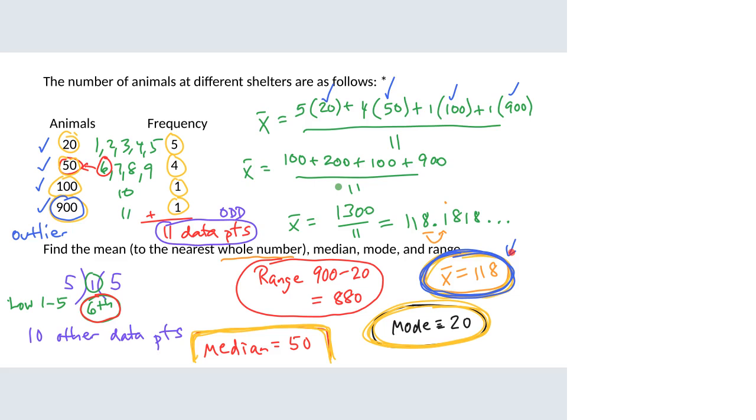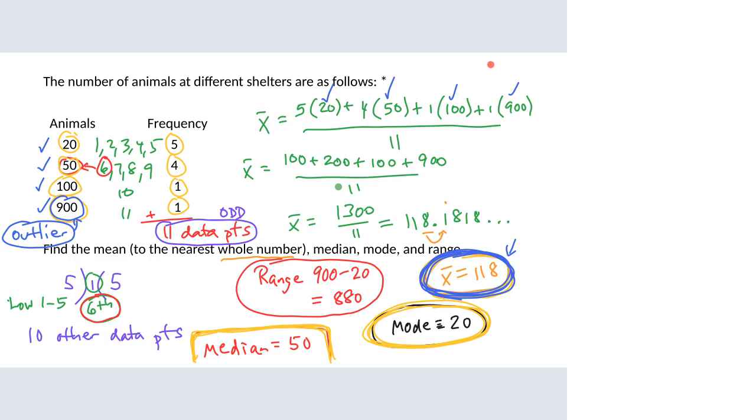If I were to say your typical shelter has 118 animals, I don't think that's right. That doesn't feel like a good indicator of what's going on here with these numbers. And what's happened is this outlier of 900 blew this up and made it a lot bigger than a number that really represents the data set.